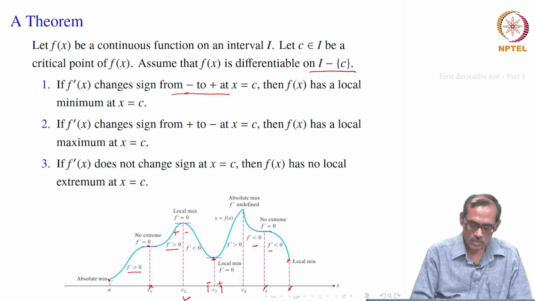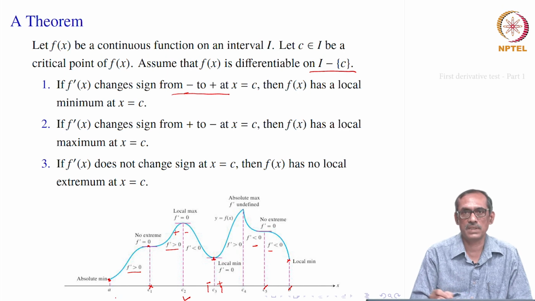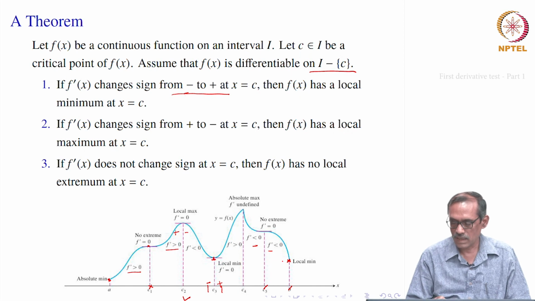So, in this case we would say that there is a local minimum at x equal to A if f prime is positive after A, right, that means f is increasing after this. So, it becomes a minimum. Similarly, at B we can say it is a local minimum if f is decreasing, right.